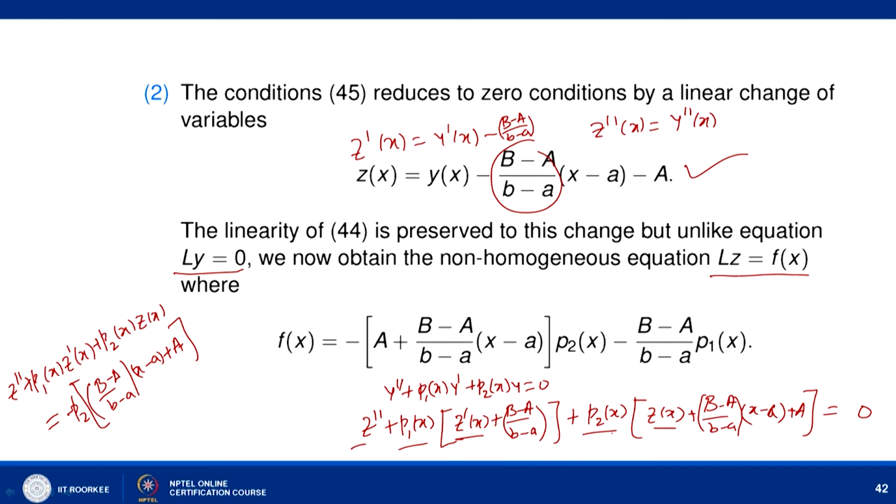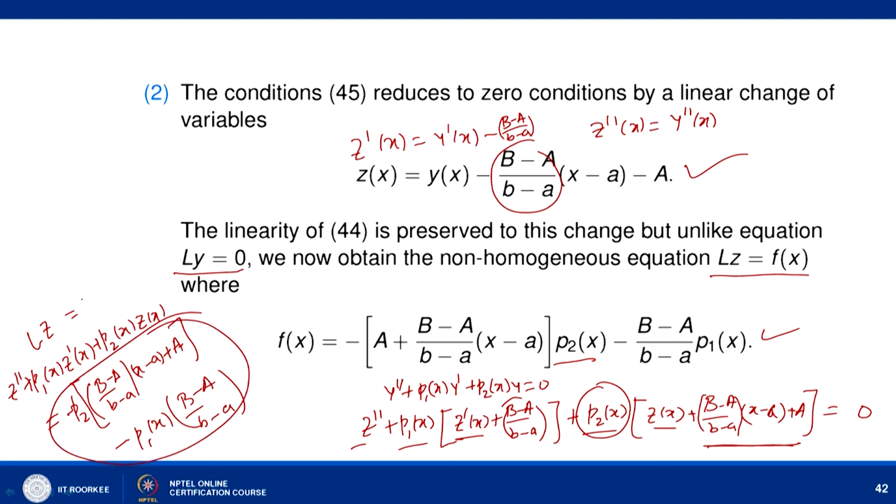So, we are taking this term along with these two terms, minus p2 into what is within the bracket, and minus p1 x, we are now considering this term p1 x and (capital B minus capital A) upon (small b minus small a). So, that is what we have written here. So, this is Lz and we call this quantity some function of x.